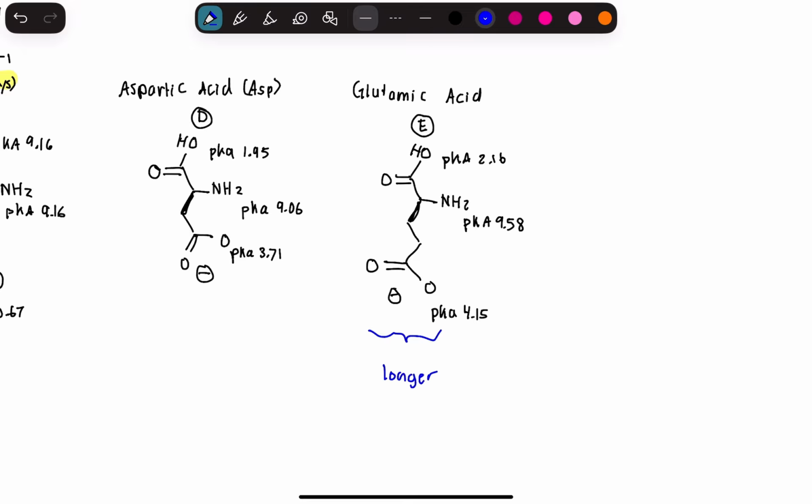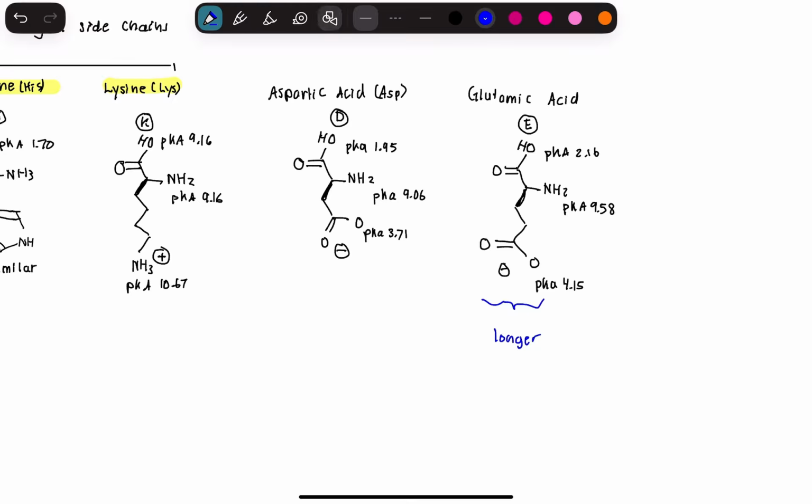Note that this is longer than aspartic acid.